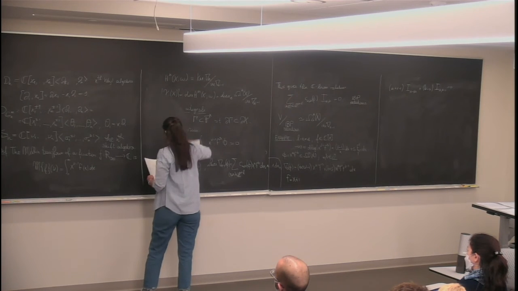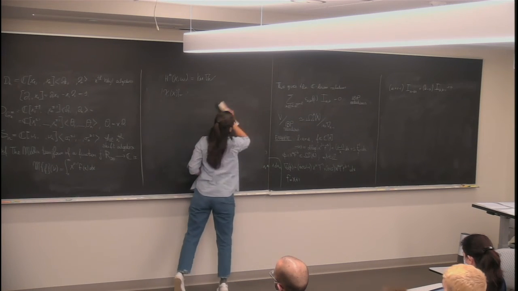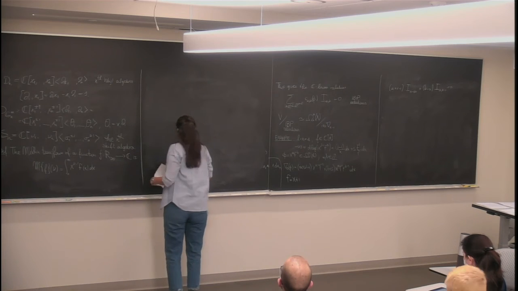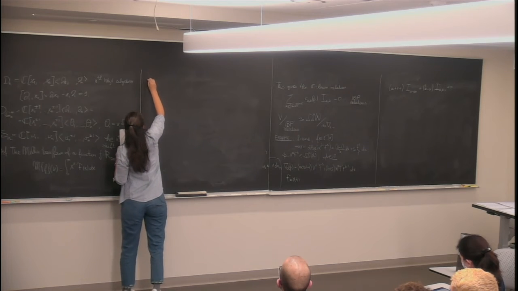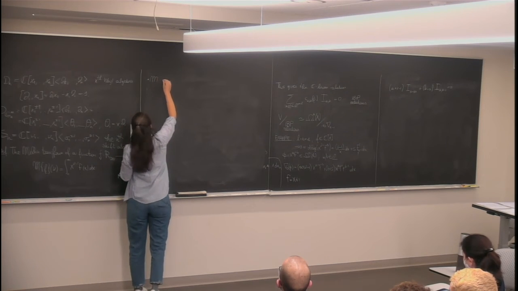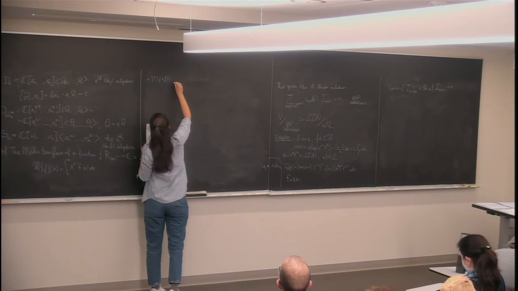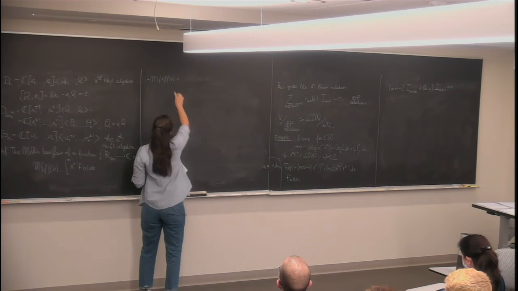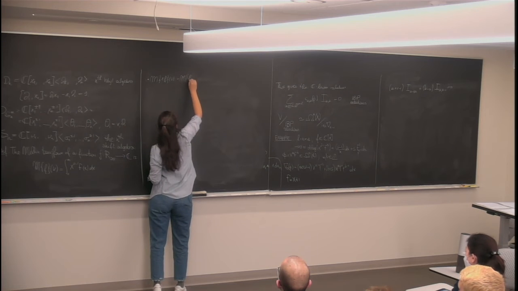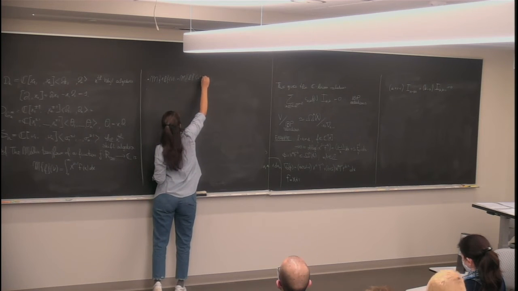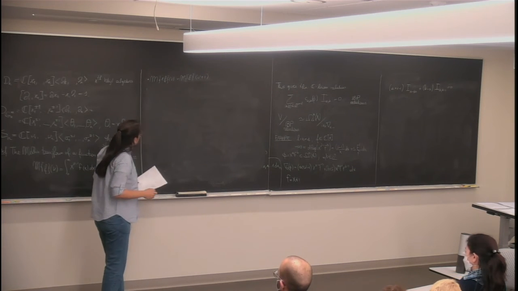Some properties of the Mellin transform are given by the following relations. Multiplication by x corresponds to shifting the variable ν by 1. So this is the Mellin transform of f evaluated at ν+1, and this is straightforward to see from the integral.